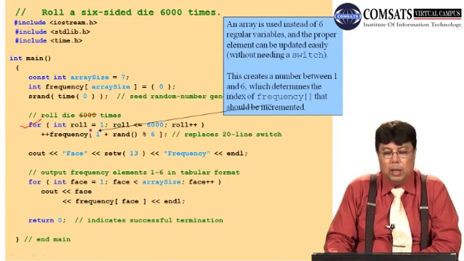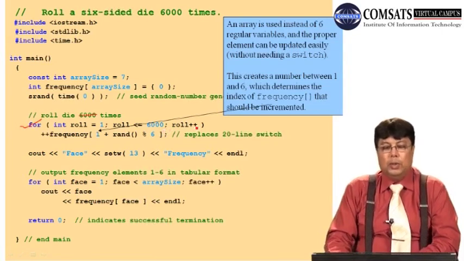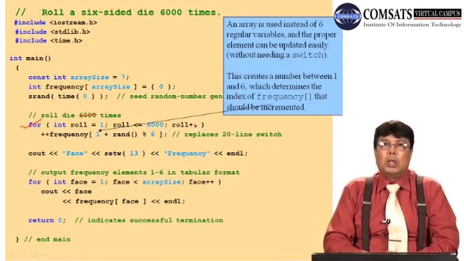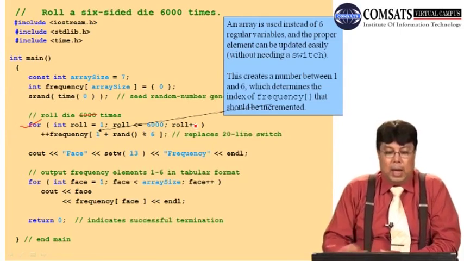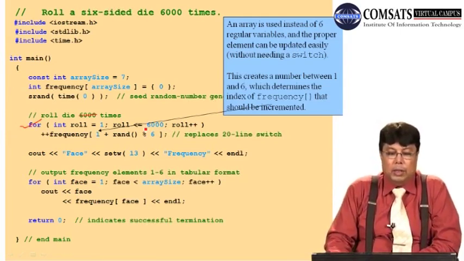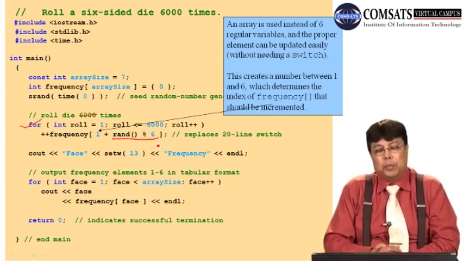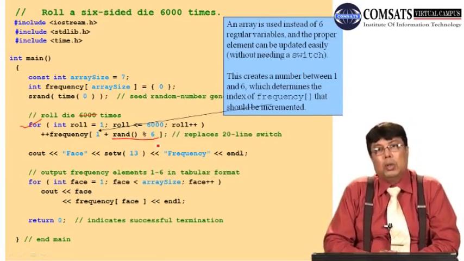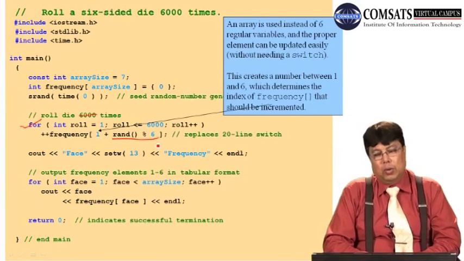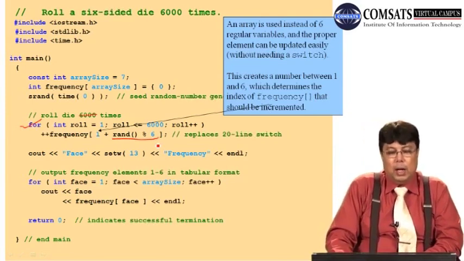Roll of 1, roll less than or equal to 6,000, roll plus plus. So it will generate a random number 6,000 times, and these random numbers will be in the range 0 to 5 because we are taking a modulus of 6. So you generated a random number 6,000 times from 0 to 5. Then what we have done here, we simply add 1 here.